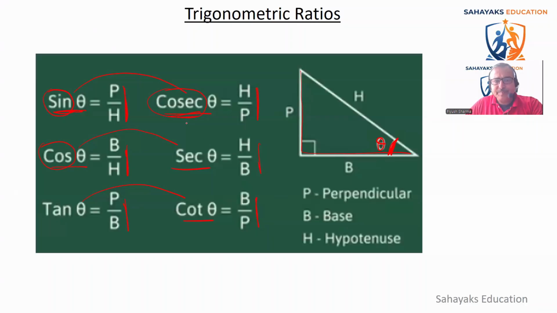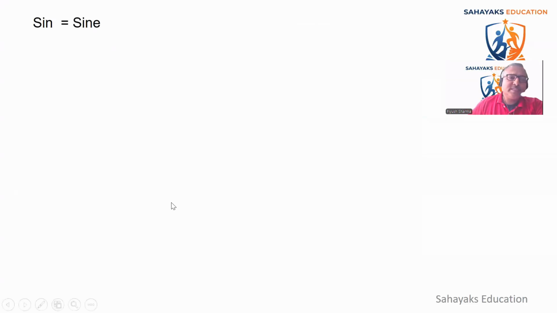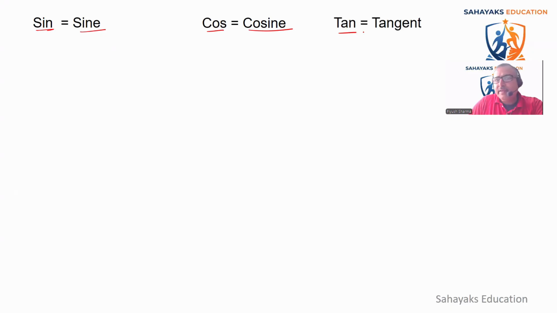So what are the full forms of those? Let's go through this. Sine is actually S-I-N-E, sine. It's not sin, it's sine. Then we have cos, it says cosine. We don't say cosine of it, we say cos of it. As a shortcut, we just say that. Then we have tan, which is called tangent.